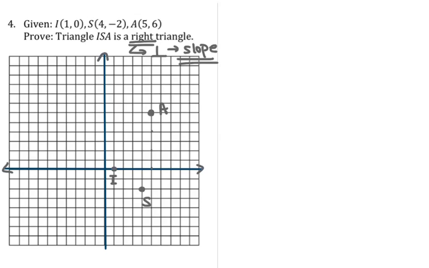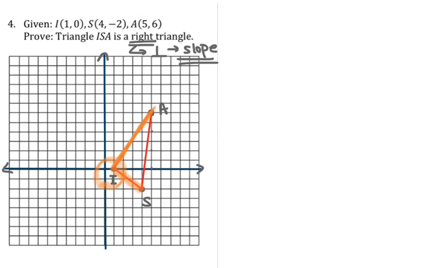So if I were to connect them, which angle seems to be the right angle? More than anything, it looks like I seems to be the right angle. That means I want to find out the slope between A and I and S and I, and then see how the slopes relate.